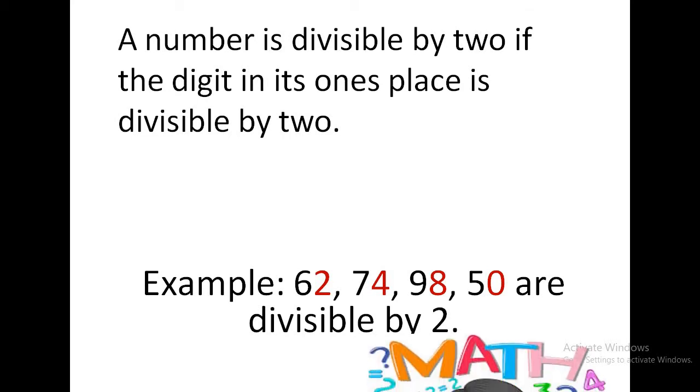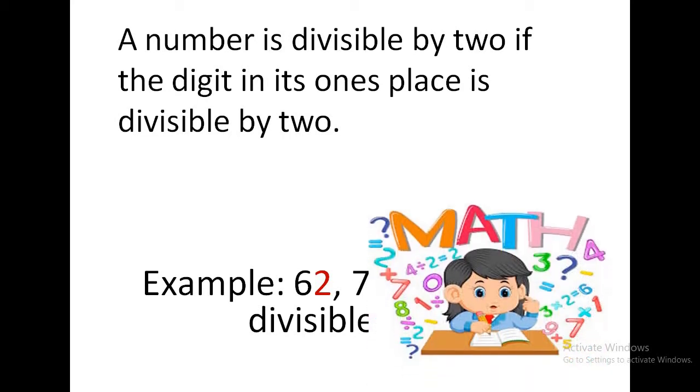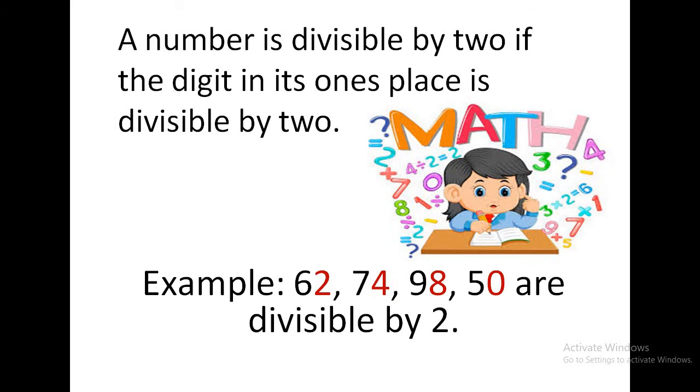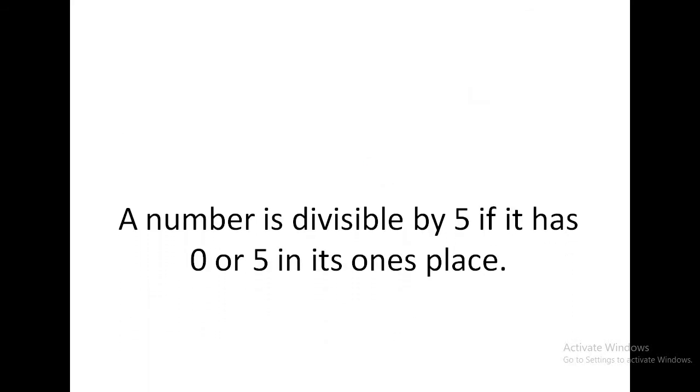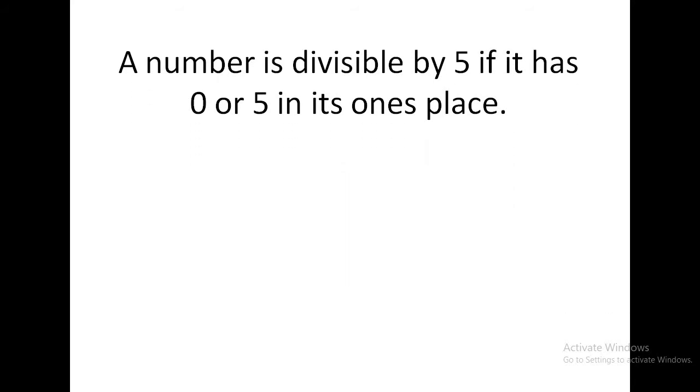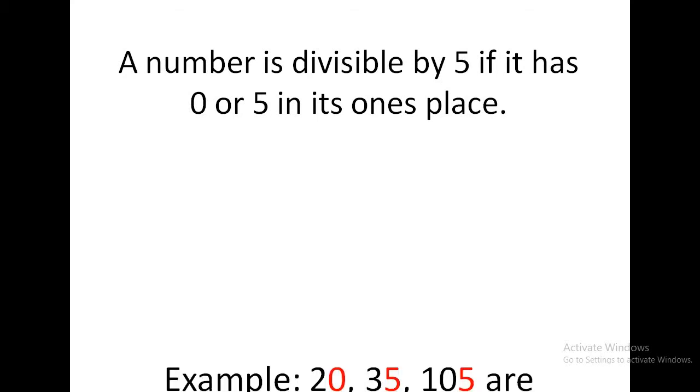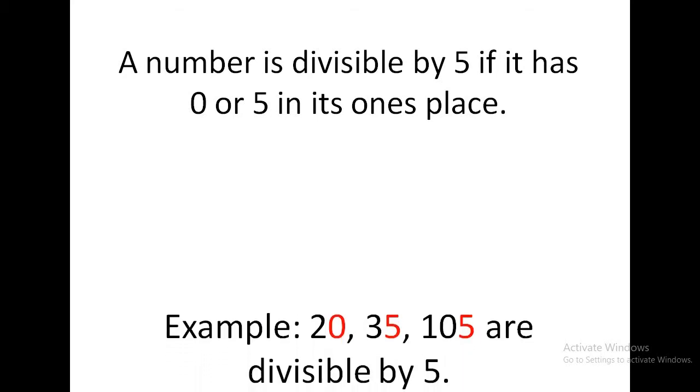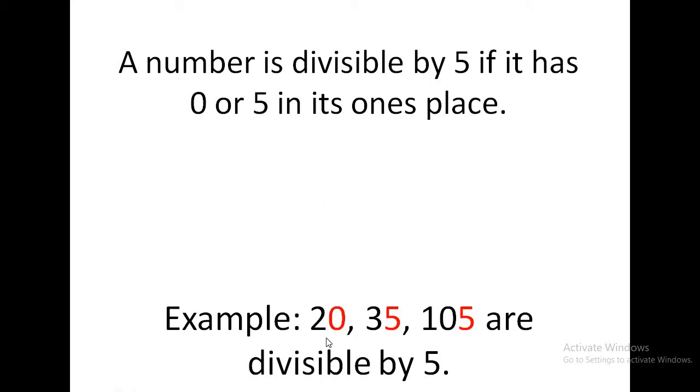Next, we will proceed with the divisibility of 5. A number is divisible by 5 if it has 0 or 5 in its ones place. Let us move with an example. You can see in number 20, 0 is in the ones place. 35 is also having 5 in its ones place.